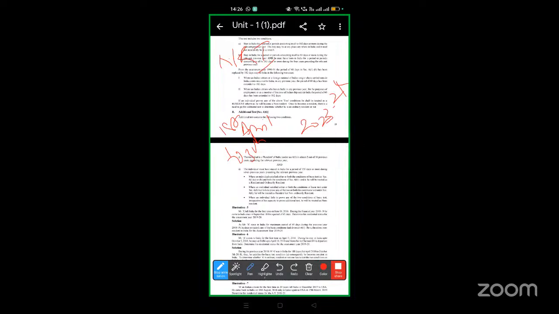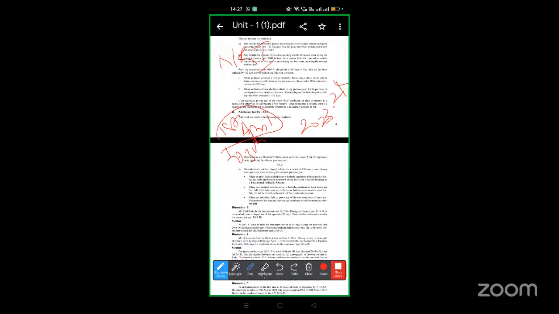Preceding previous years means, as our previous year is 1st April 2023 to 31st March 2024, preceding to that it will be financial year 2022-23, 2021-22, 2020-21, 2019-20, and 2018-19, and also 2017-18, like this, 4 years only, that is 60 days and 365 days out of 4 relevant years.